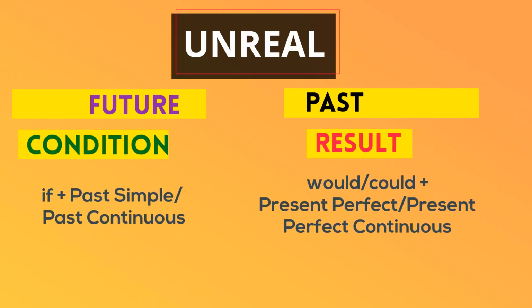Future condition with past result. Real. Again, in reality, this scenario is not possible, so we have no examples here. Unreal: condition, if plus past simple or past continuous. Result, would or could plus present perfect or present perfect continuous.